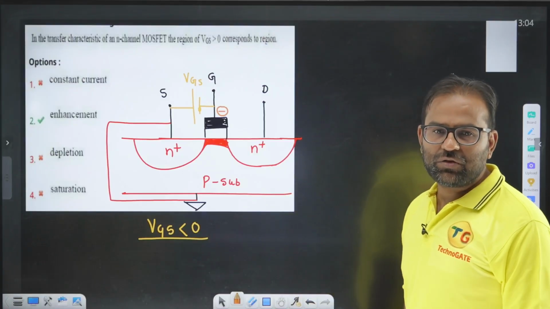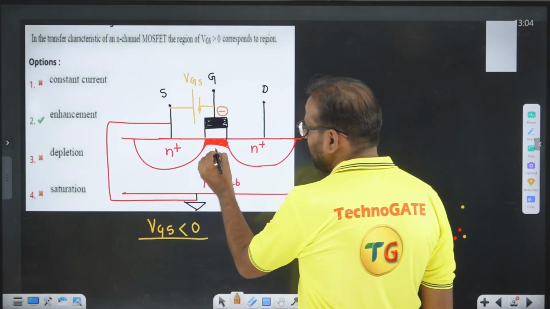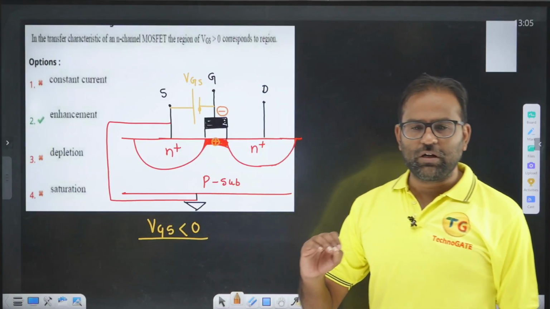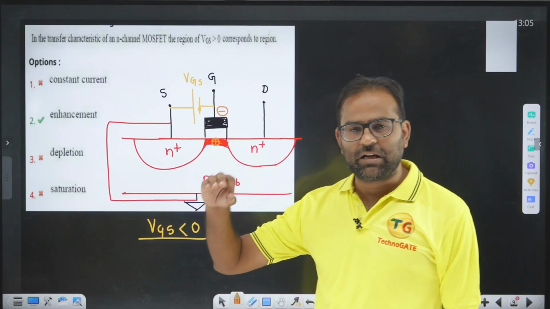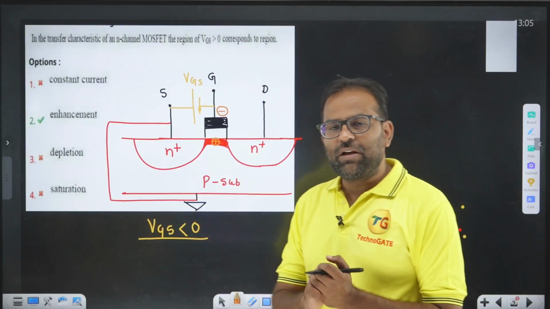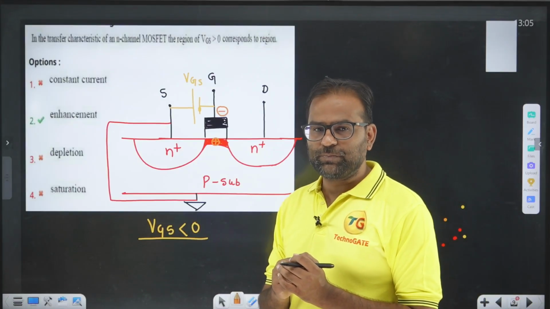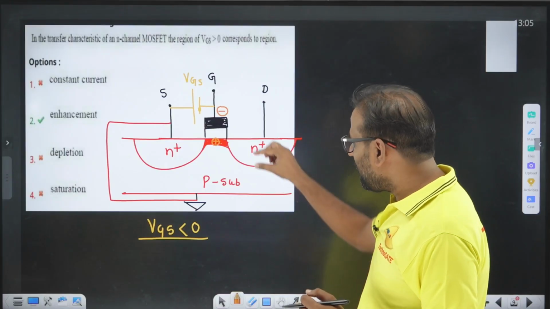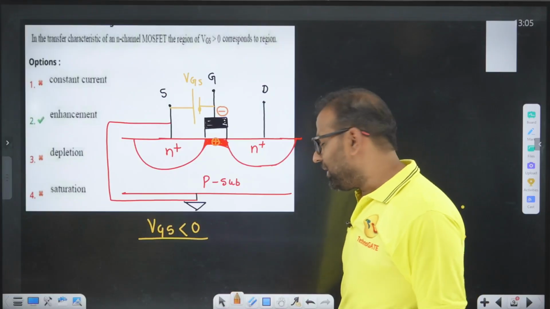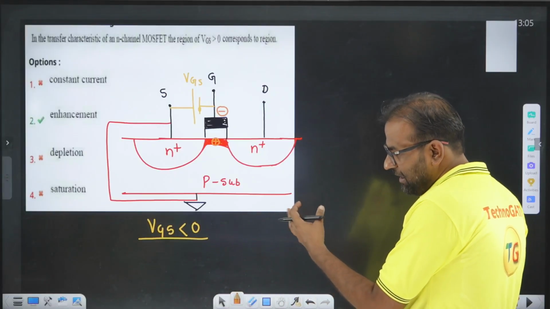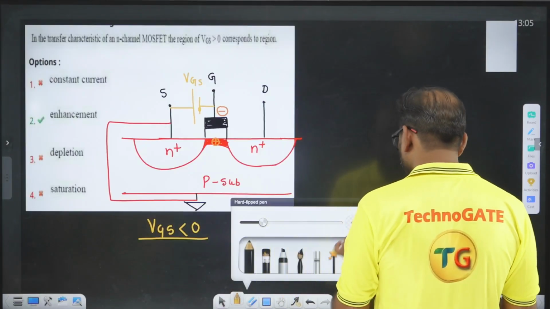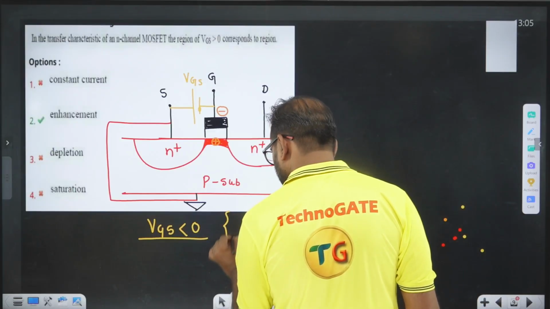If this is negative charge and this is our dielectric, one positive charge will be induced across this. So the initial charge carrier is electron, and now you have positive charge carrier here. So can I say when VGS is negative, you are depleting the channel. It means the number of charge carriers in the channel will be less when you apply a negative voltage across VGS. So this mode of operation is known as depletion mode.